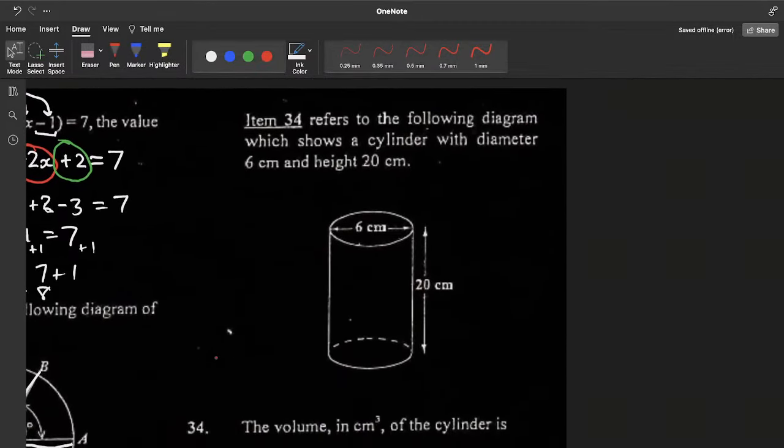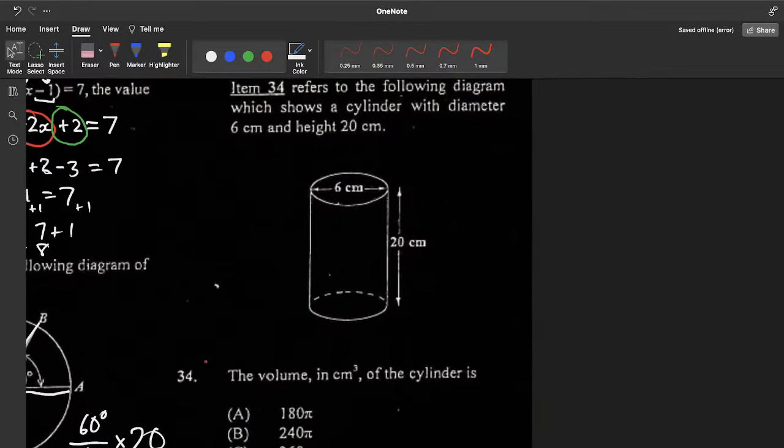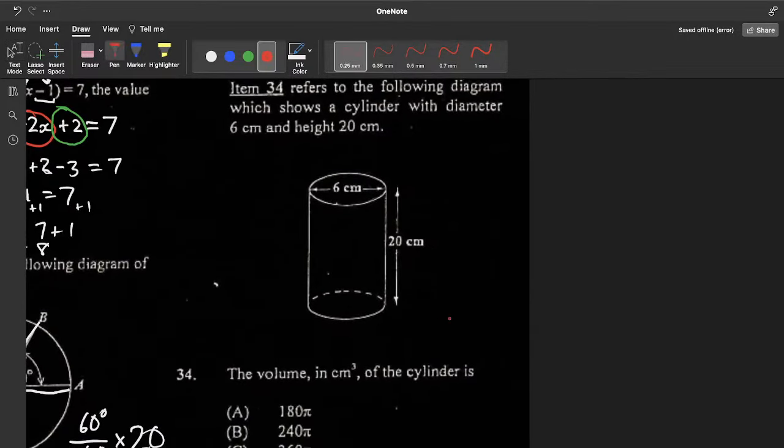Alright, so this part now, it says the volume in centimeters cubed of the cylinder is. They could have said it in terms of pi. But if you look at this, it says refer to the following diagram. The cylinder is 20 in height and we have 6 diameter. Now, the volume of a prism again, like we did earlier, is area times height.